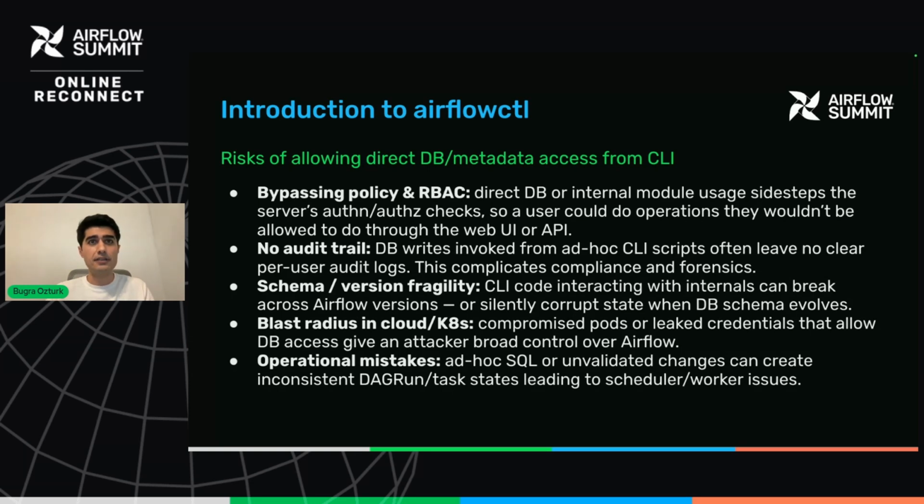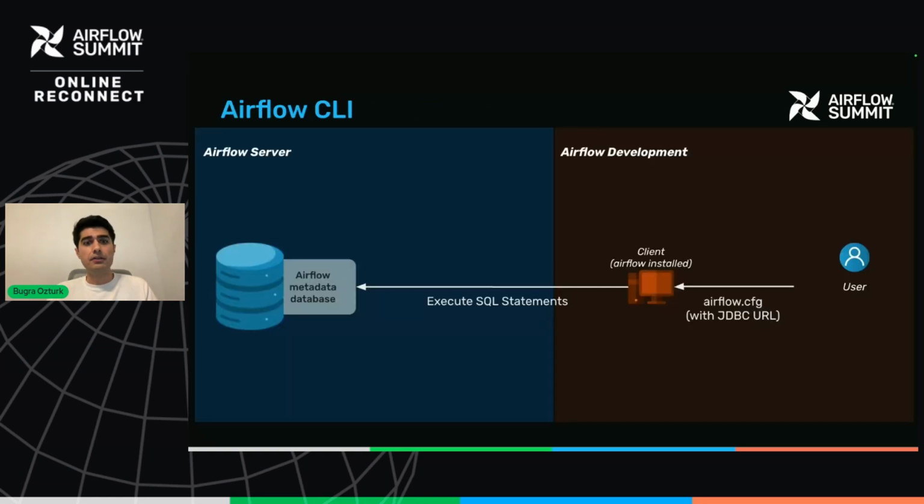Let's say you just ran Airflow DB reset while you were trying to do some kind of user operations or even admin operations, but not directly database operations. In the current structure, as we can see, the Airflow CLI needs an Airflow CFG with the JDBC URL to communicate with the database. And we are going to see how this will evolve into Airflow CTL.